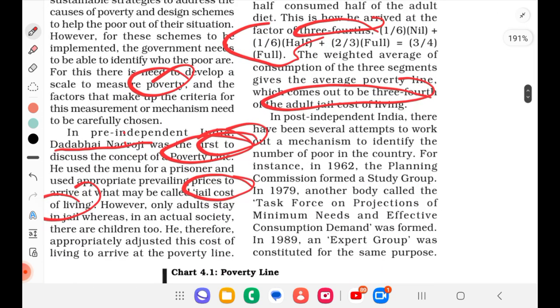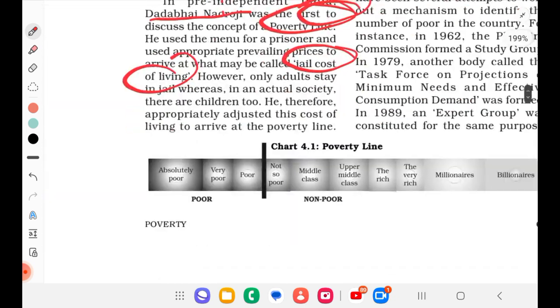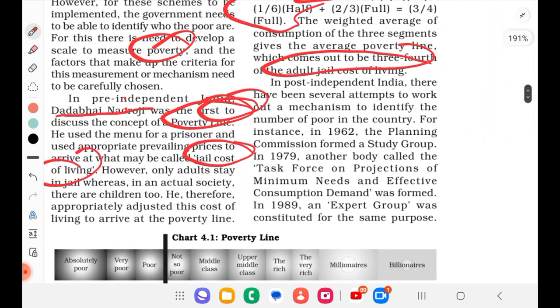In post-independent India, there have been several attempts to work out a mechanism to identify the number of poor in the country. For instance, in 1962, the Planning Commission formed a study group. In 1979, another body called the Task Force on Projection of Minimum Needs and Effective Consumption Demand was formed.